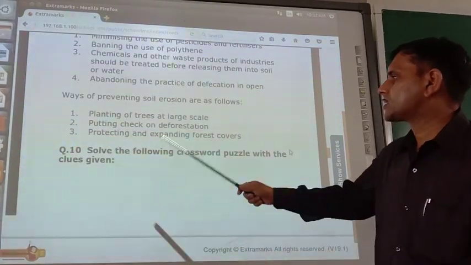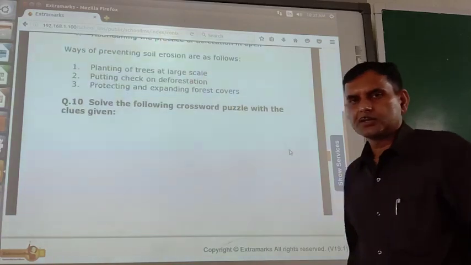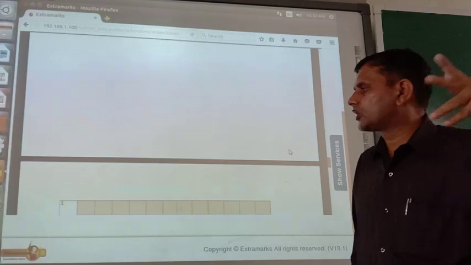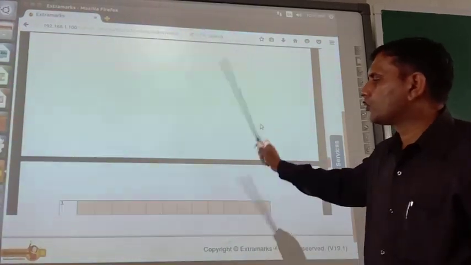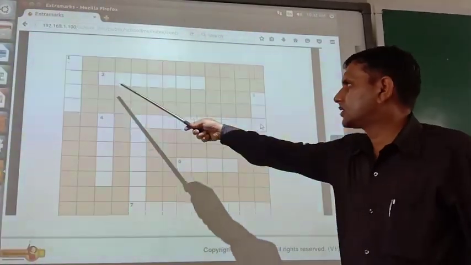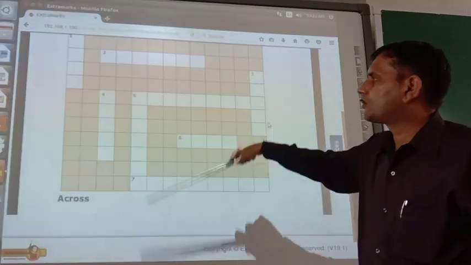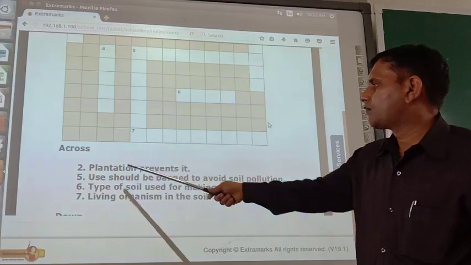Next one is solve the following crossword puzzle with the clues given. So just see, clues are already given. On the basis of those clues you have to fill the crossword puzzle. Just see, this is left to right and these columns are top to bottom. Across means left to right.